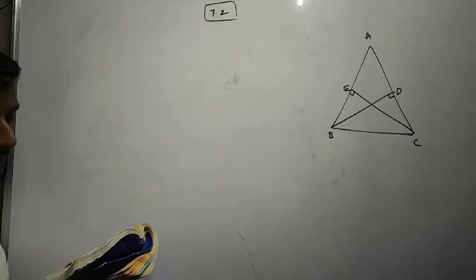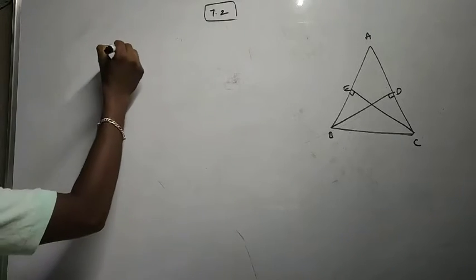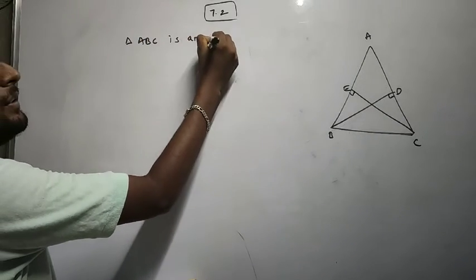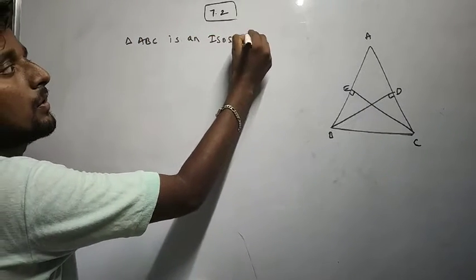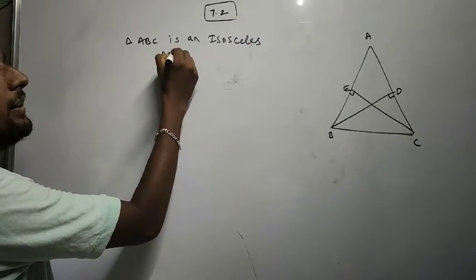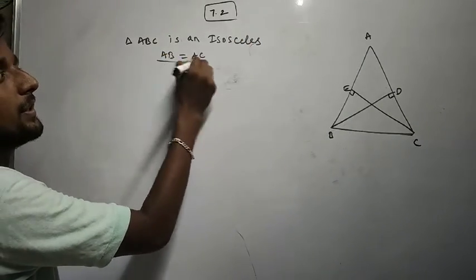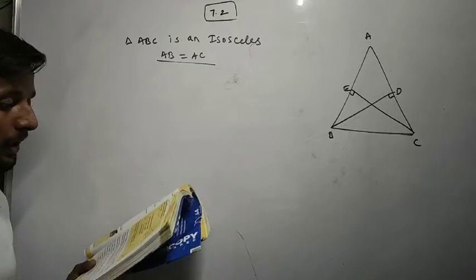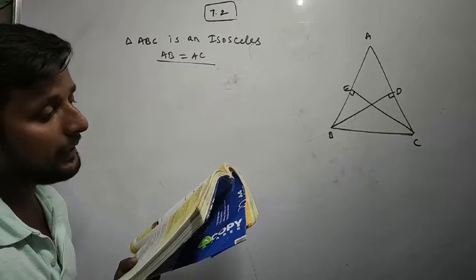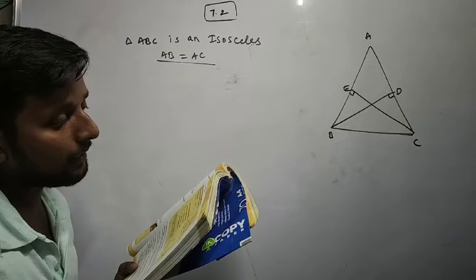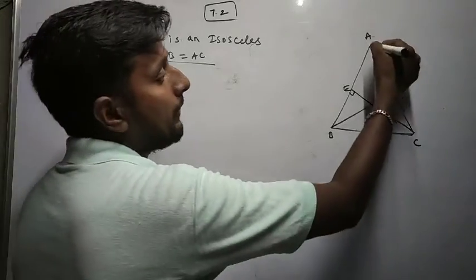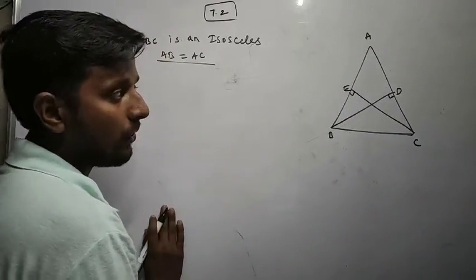ABC is an isosceles triangle. So triangle ABC is an isosceles. That means from the diagram we can understand AB is equals to AC, it is already given. Okay. Next. The altitudes BD and CE are drawn to equal sides AC and AB. So AC, AB are equal sides, I mentioned already.